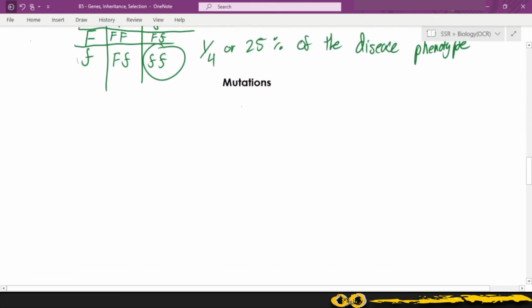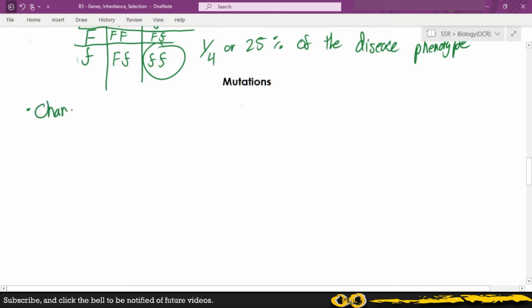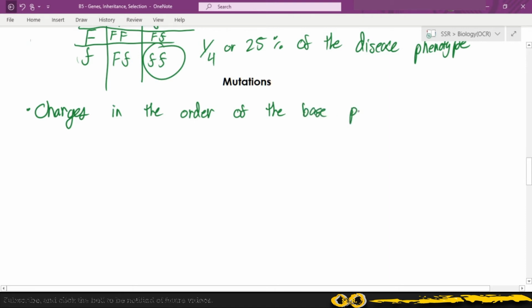Now, all of these genetic combinations are caused by mutations, which are changes in the order of the base pair. Some of these are neutral, so they don't change the protein that is made.